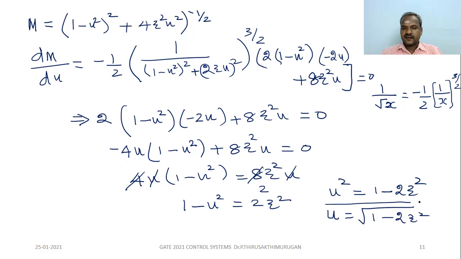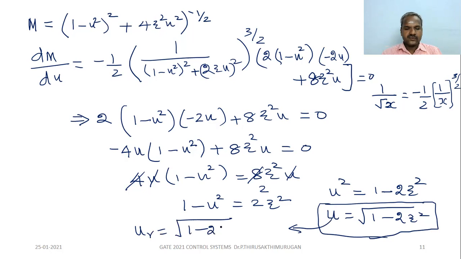We found the u value for the maximum condition, so replace u by ur. So ur equals square root of 1 minus 2 zeta square, because wherever u is there in dM by du, it should be replaced by ur.